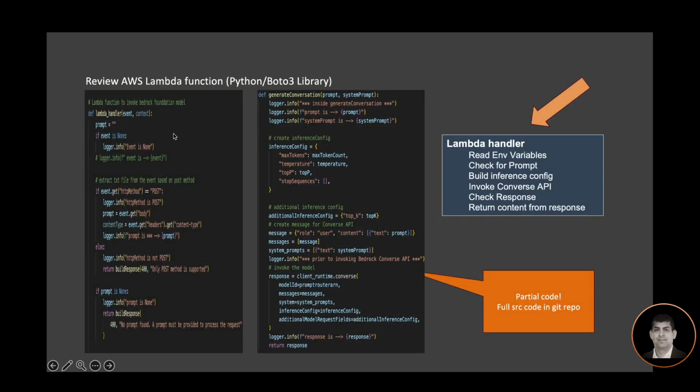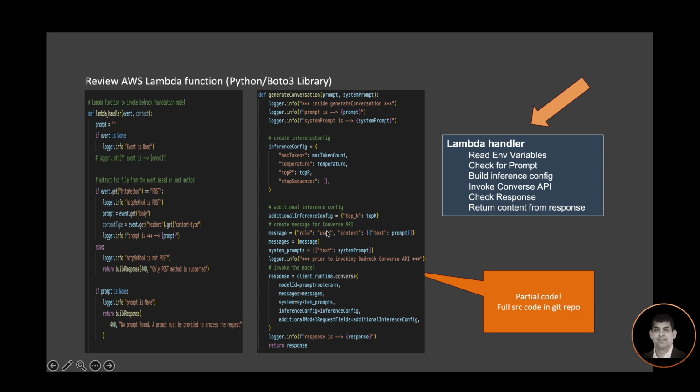Let's look at the Lambda function. So again, it's not an entire Lambda function, but basically I'm focusing on the code where I'm extracting the prompt from the event, and once I have the prompt, then I'm passing it to my function, which is then invoking the Bedrock by using my prompt and then other inference config like temperature, top P, and max token count that I was showing in the earlier slide.